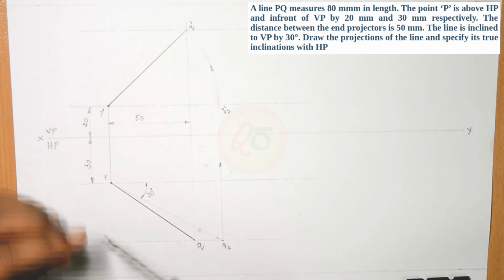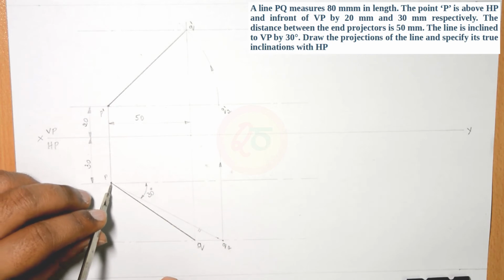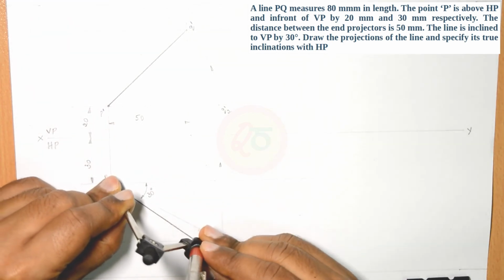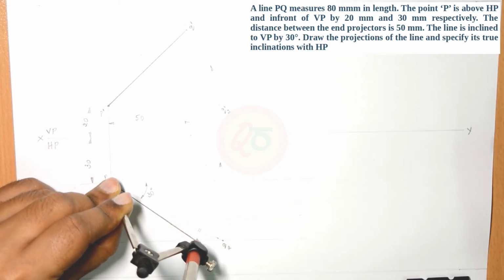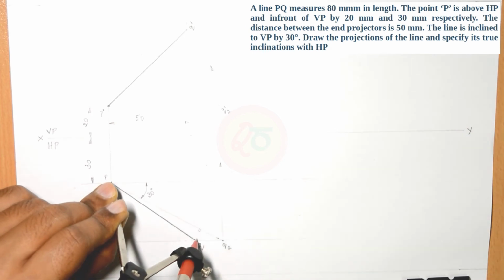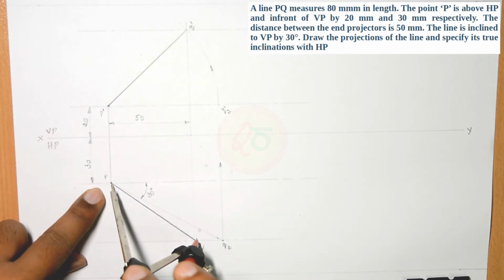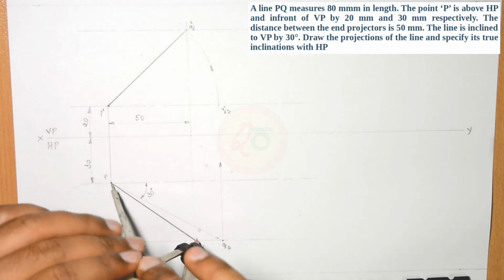The first method is keeping P as the center of rotation and PQ as the radius.